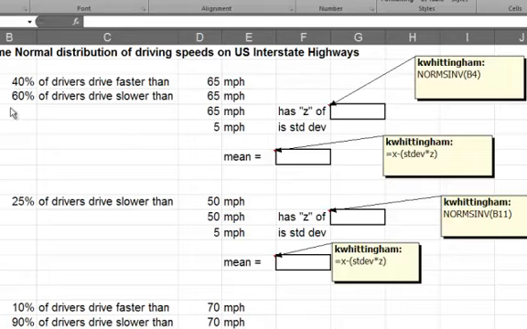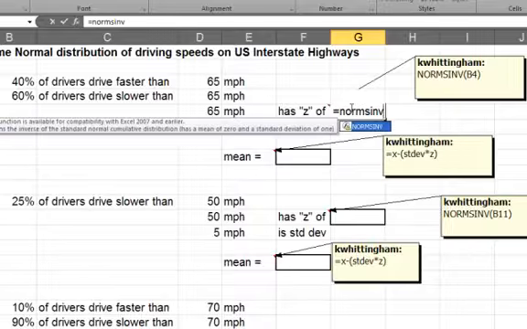Because we know that 60% of drivers drive slower than 65 miles per hour. All right? So that value, 65 miles per hour, has to have a z-value that we can calculate using the norms inverse of 60% as my cumulative probability. So I'll put that in here.